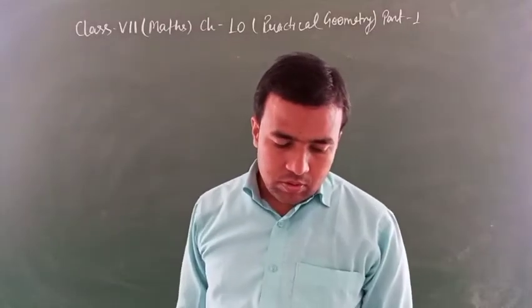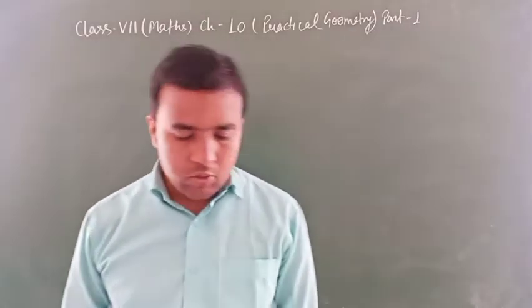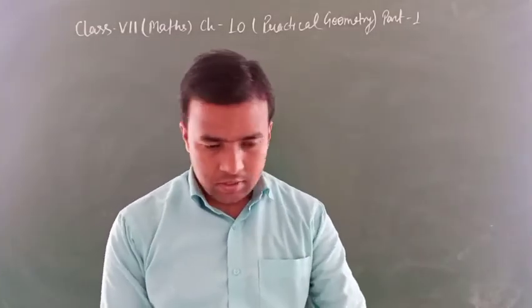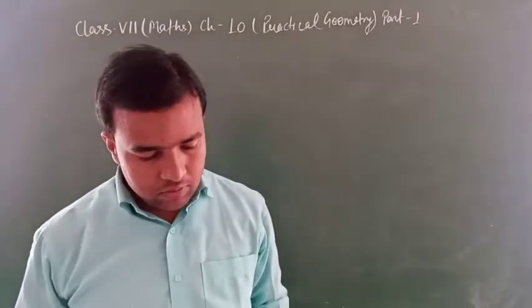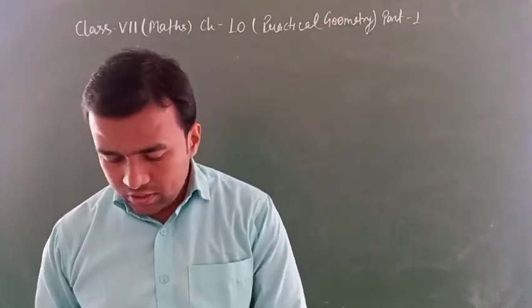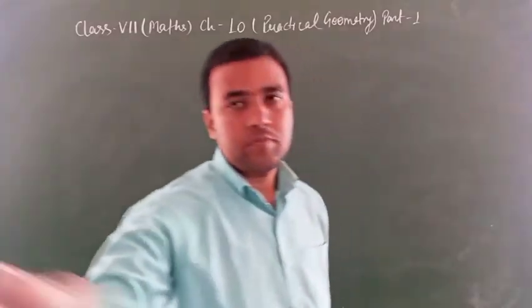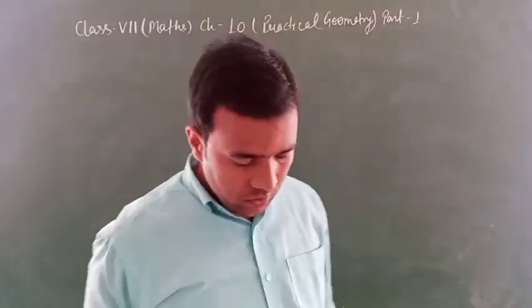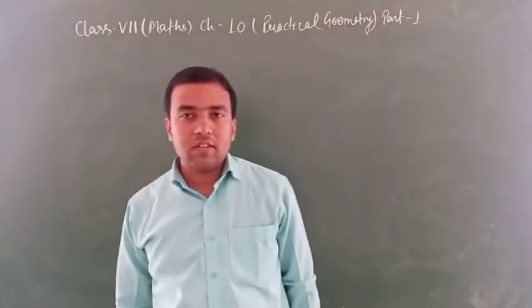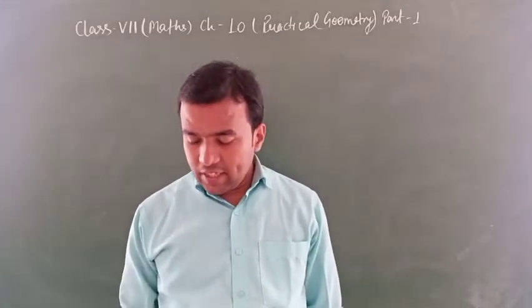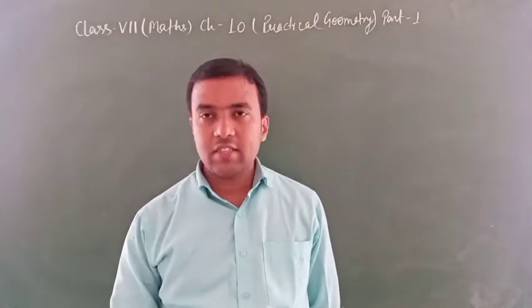Question number 2. Draw a line L, draw a perpendicular to L at any point on L. On this perpendicular choose a point X, 4 centimeter. Exercise 10.1 first question I told you. In exercise 17a, the first question is the same.